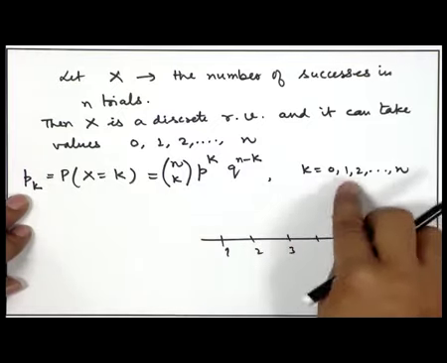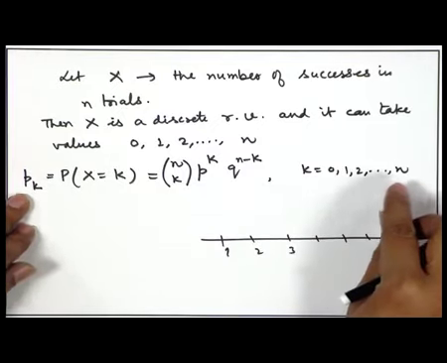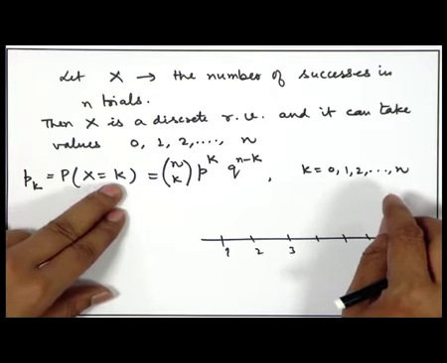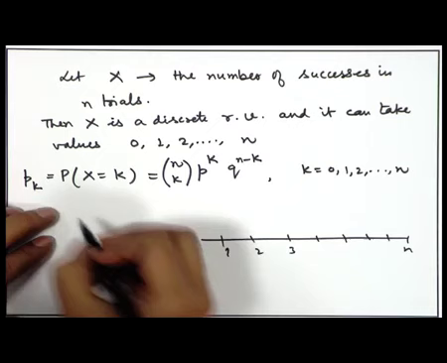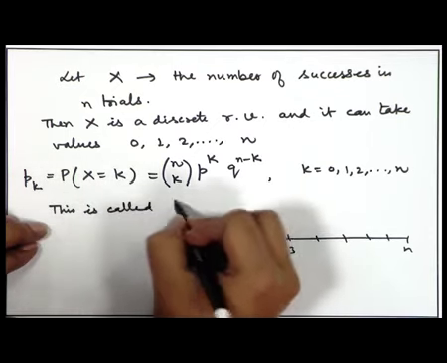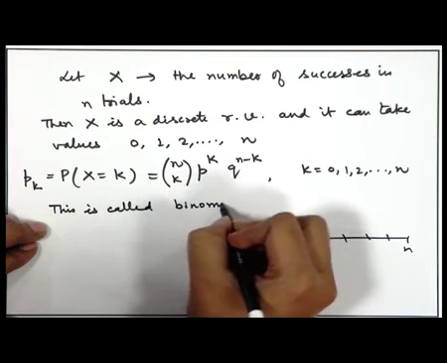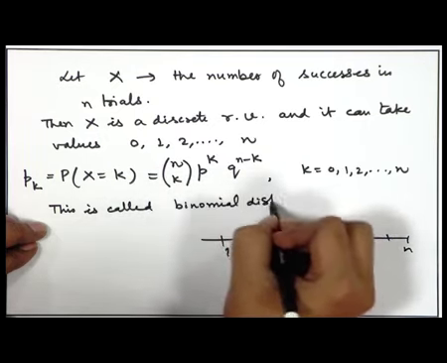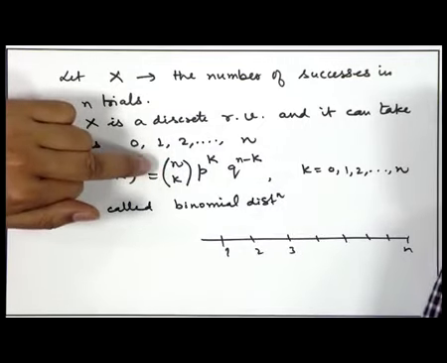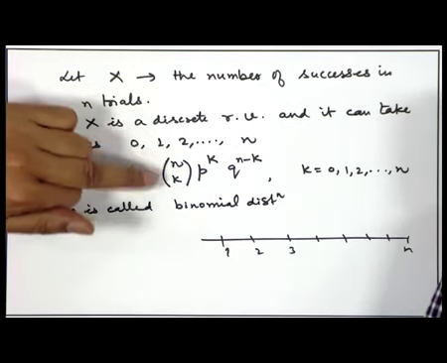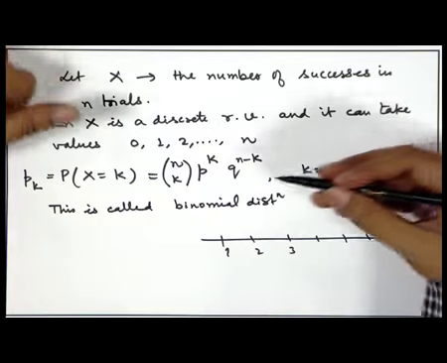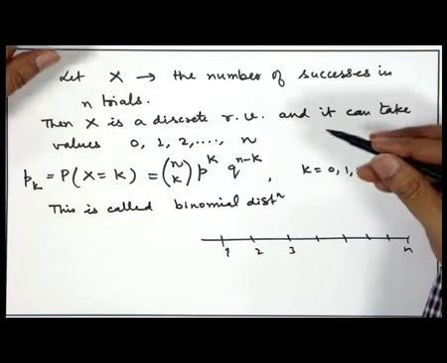So, p0, p1 up to pn, you have allocated the probabilities corresponding to all the possible values of the random variable X. This is called the binomial distribution. Also, it is called the Bernoulli distribution. The binomial distribution name is evident because you are using the binomial coefficients here. First of all, I will try to demonstrate that it is a valid assignment of the probabilities.